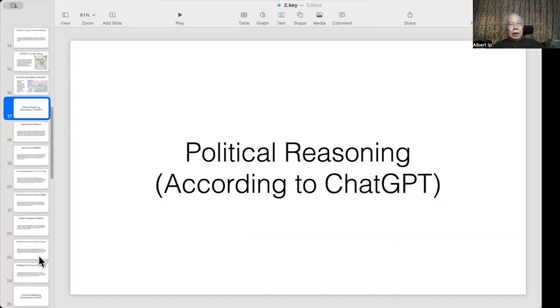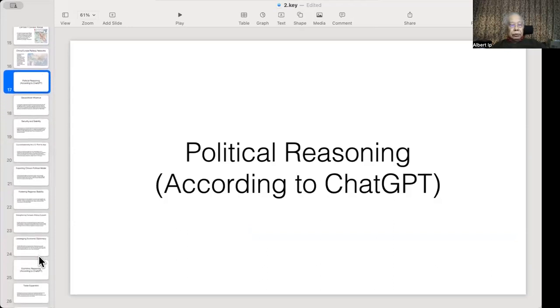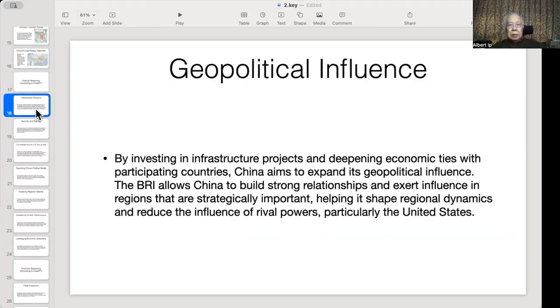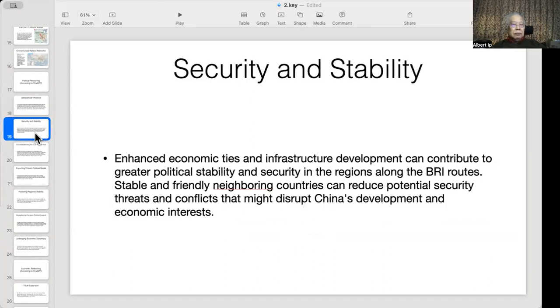Now look at why Xi Jinping had to suggest this Belt and Road. What is the political reasoning behind this? This part is according to AI from ChatGPT. It wants to increase geopolitical influence. That's one reason given. The other reason given is for security and stability. Enhanced economic ties and infrastructure development can contribute to greater political stability and security in regions along the BRI routes.